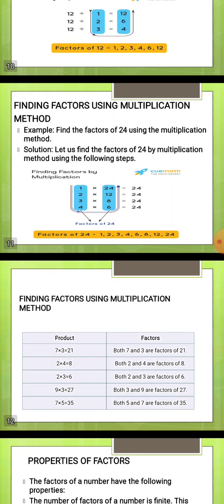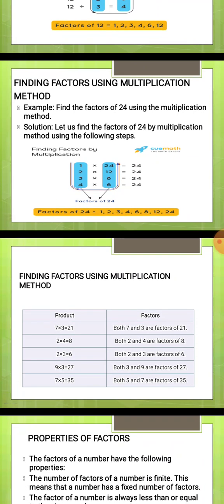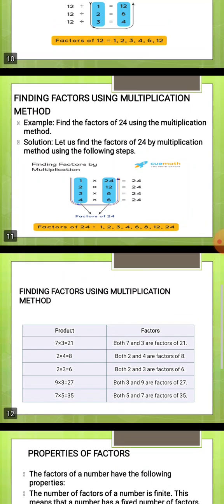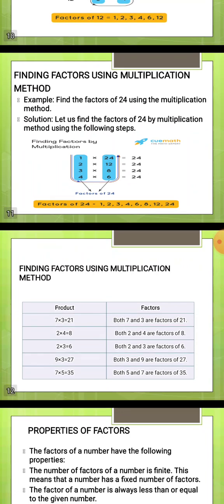Now we can also find the factors by the multiplication method. Here 1 into 24 is equal to 24, 2 into 12 is equal to 24, 3 into 8 is equal to 24, and 4 into 6 is equal to 24. Now here we are finding the factors of 24 by the multiplication method. So we started with 1.